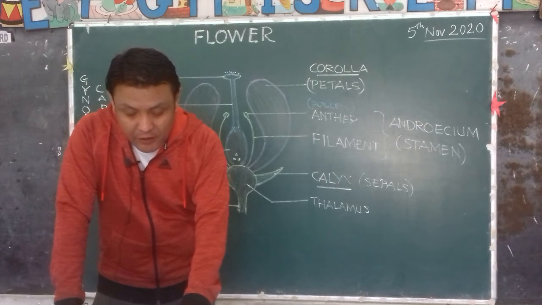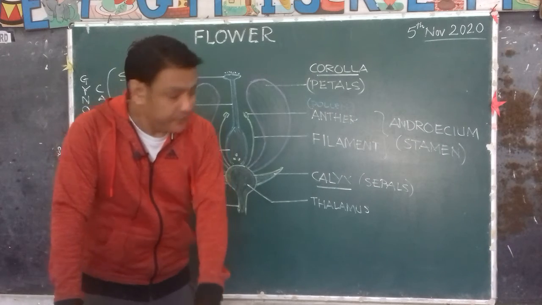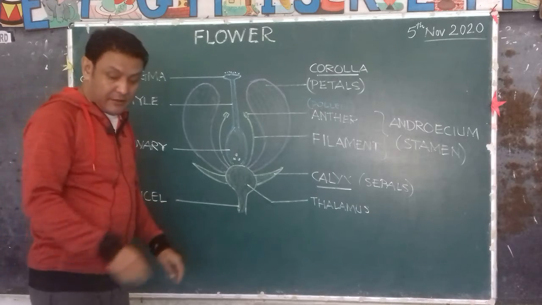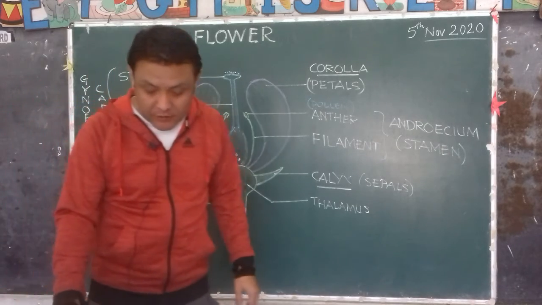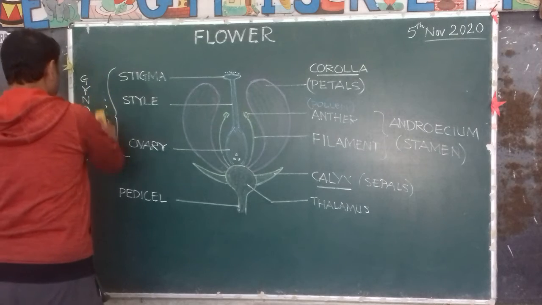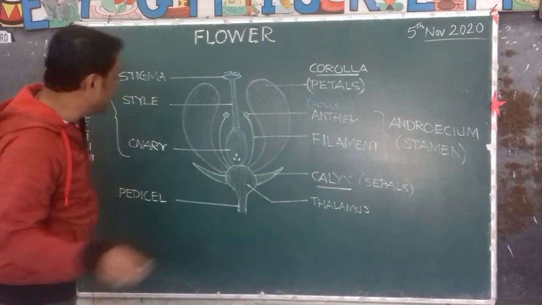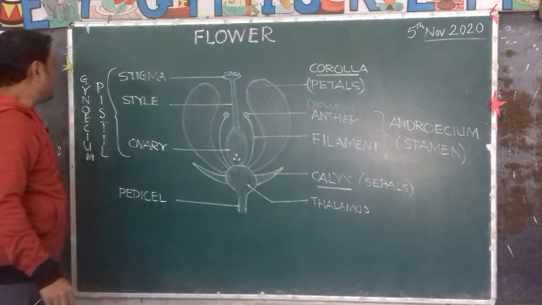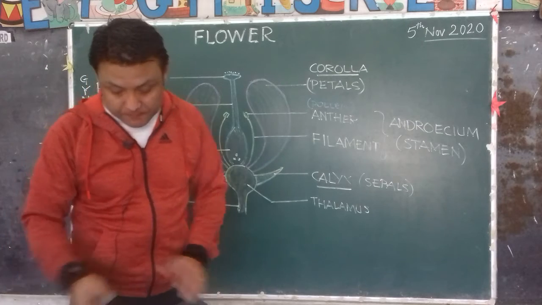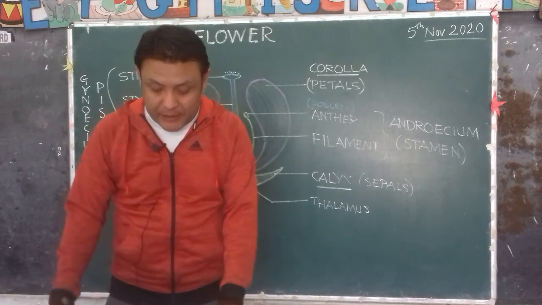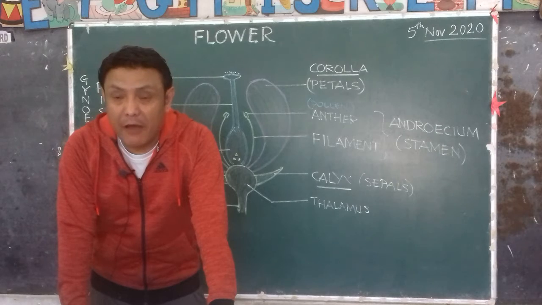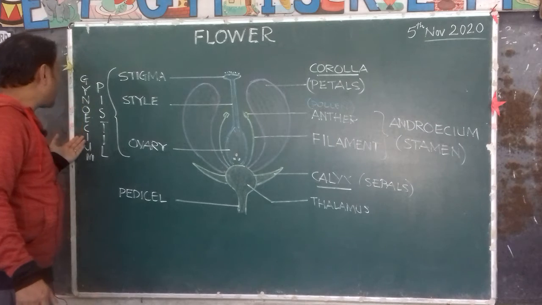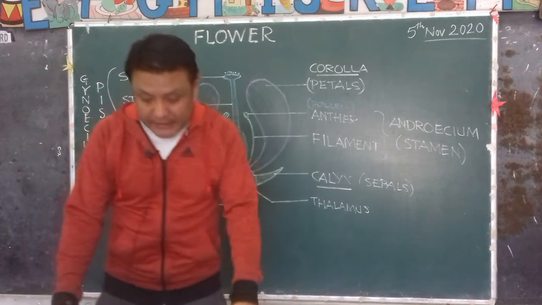Is it okay? Or we call it a pistillate flower. It consists of pistil, P-I-S-T-I-L. Staminate flower and the pistillate flower. The flower which contains the stamen is called the staminate flower. The flower which has the gynoecium or the pistil is known as the pistillate flower.